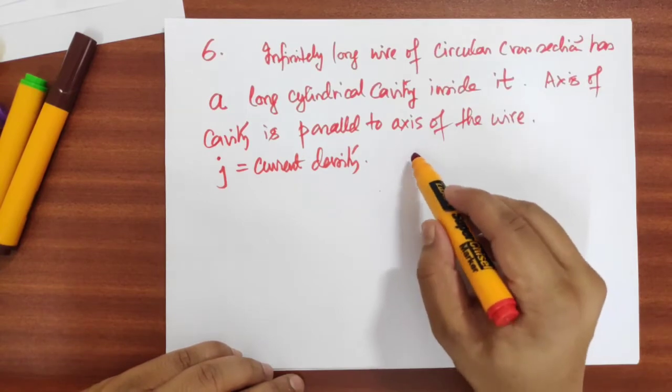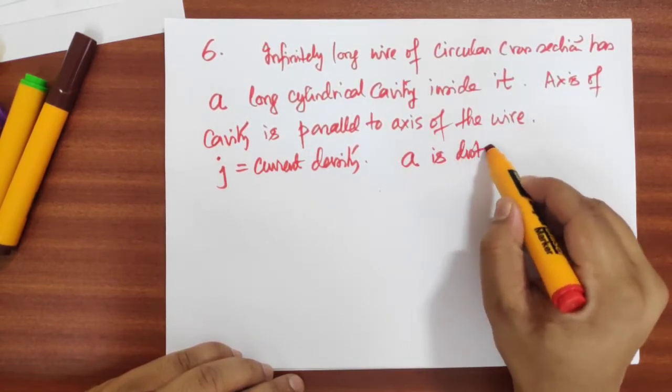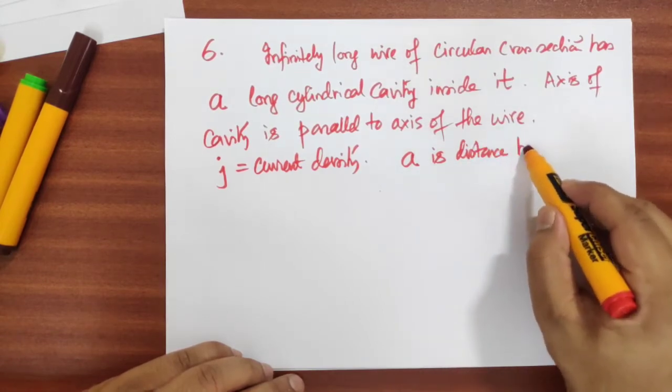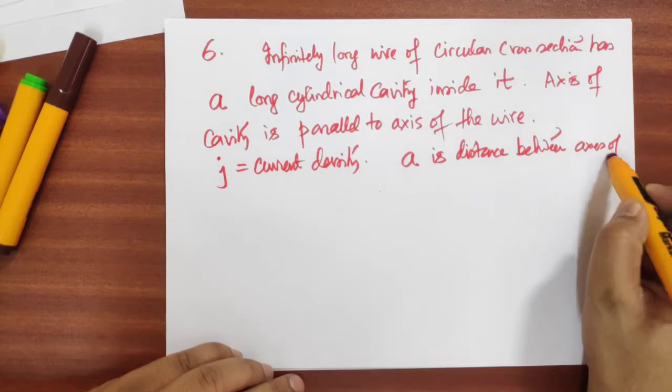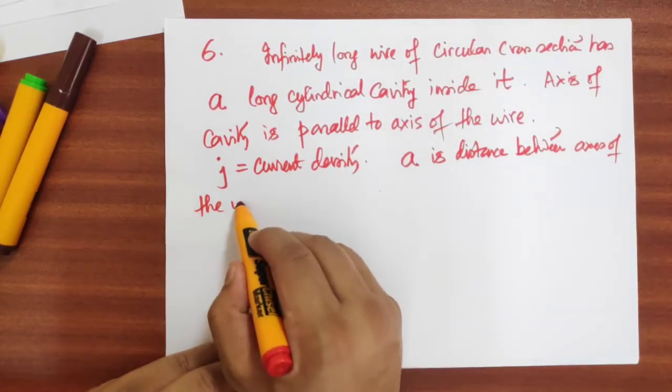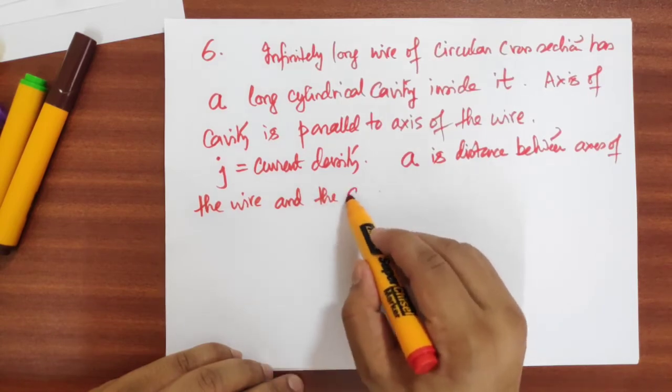It is also given that A is the distance between the axis of the wire and the cavity.